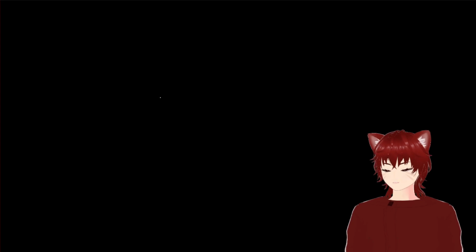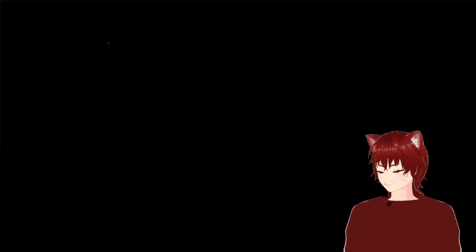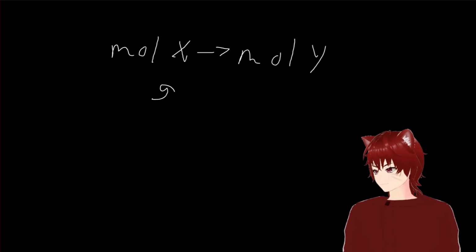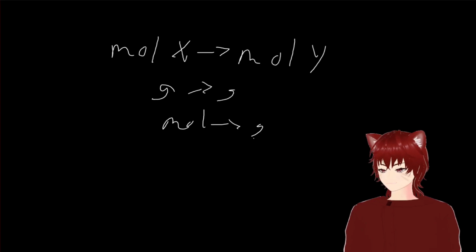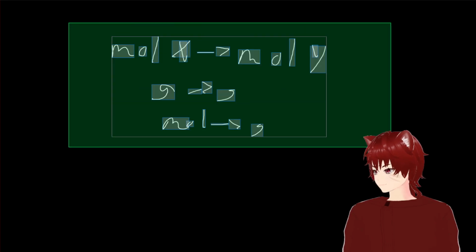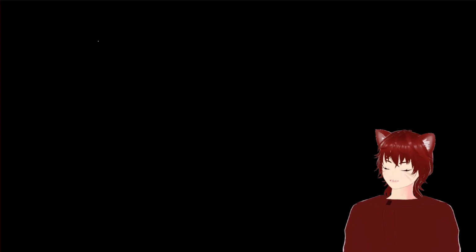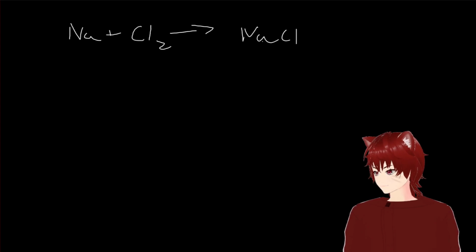So now let's move on to basic stoichiometry, where you're trying to convert moles of whatever to moles of another substance, or grams to grams, moles to grams, and so on. But before we can do all that math, we need a balanced equation, otherwise it won't be accurate. So let's say in our problem we have Na plus Cl2 to get NaCl, sodium chloride.